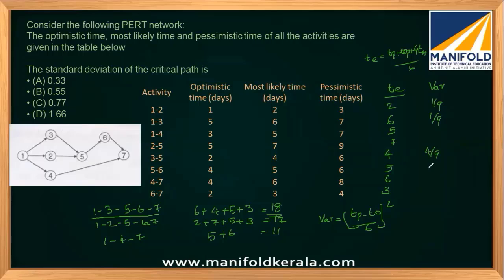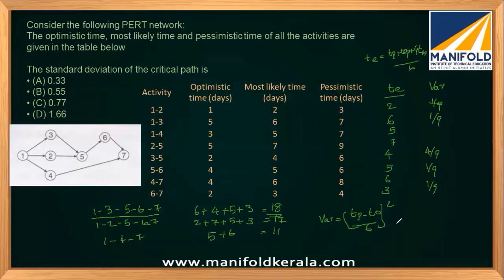Then 3 to 5: 7 minus 5 is 2, 2 divided by 6 is 1 by 3, 1 by 9. Then 5 to 6: 6 minus 4 is 2, 2 by 6, 1 by 3, 1 by 9. Now 6 to 7: 4 minus 2 is 2, 2 by 6, 1 by 3, 1 by 9. So these are the 4 variance values.